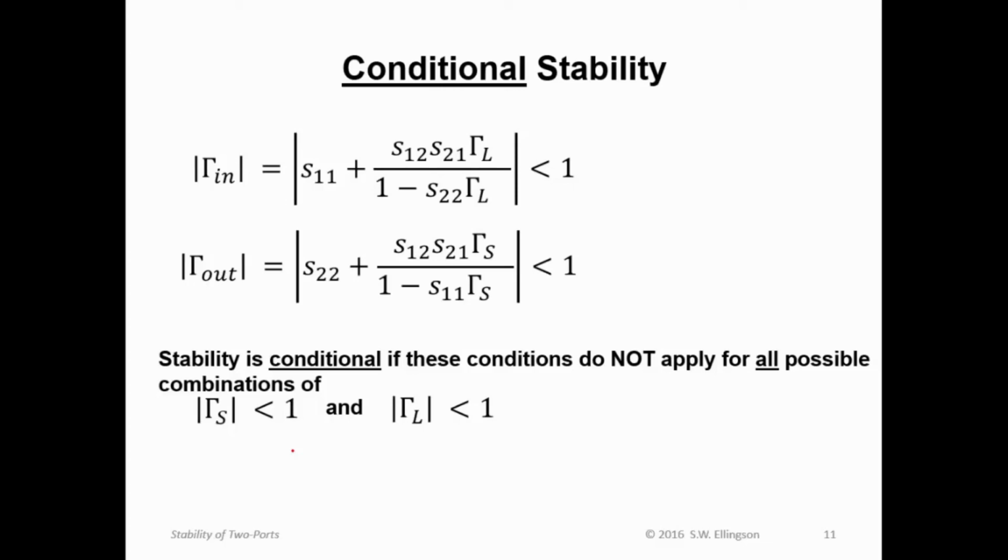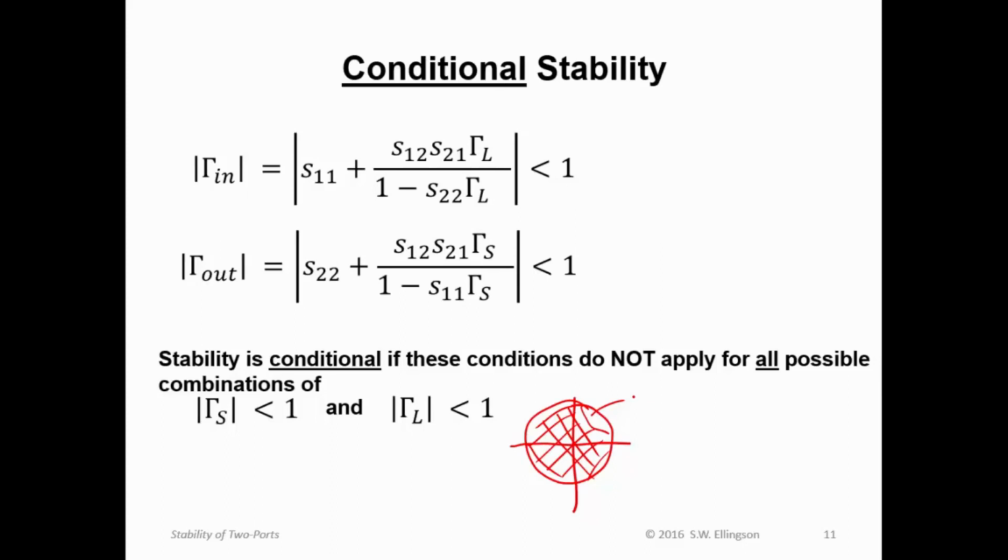In contrast, we can have conditional stability, which means there are some combinations of the source and load impedance for which those equations are not satisfied. So, for example, it could be that here's our map of gamma L, and maybe we're only satisfying the equations for some region like this, and that there is a subset of those points within the unit circle for which we are unstable, for which we are unable to satisfy the equations.